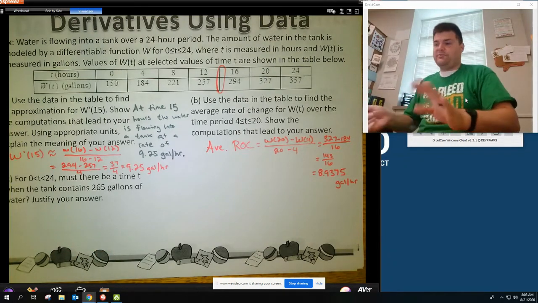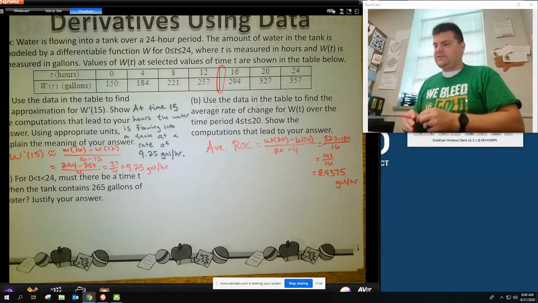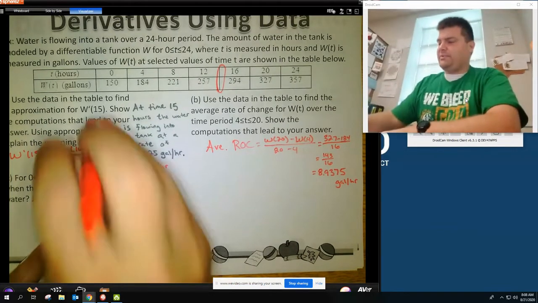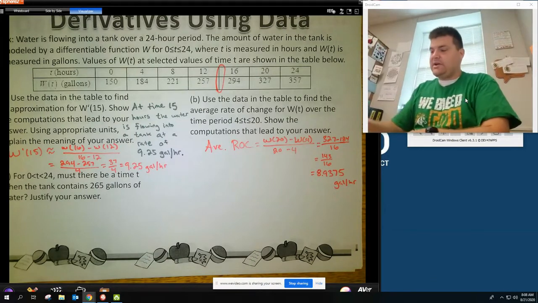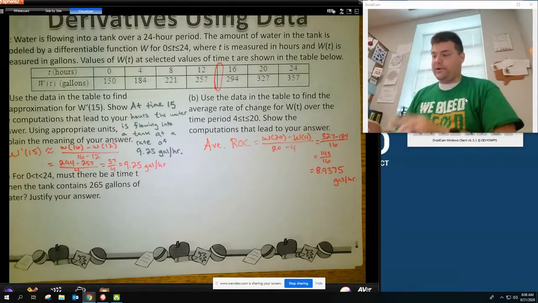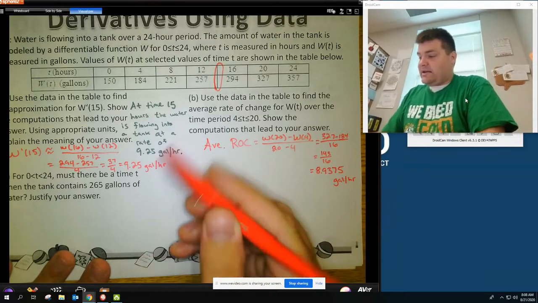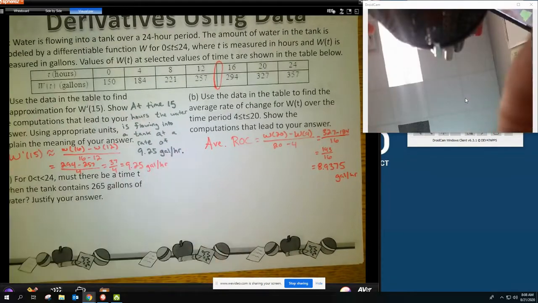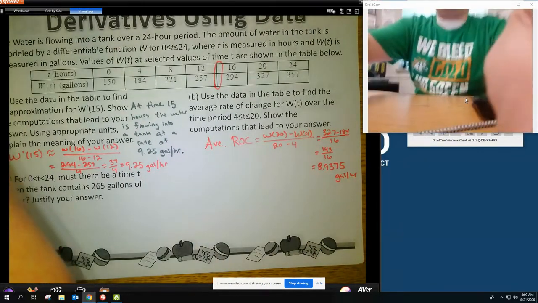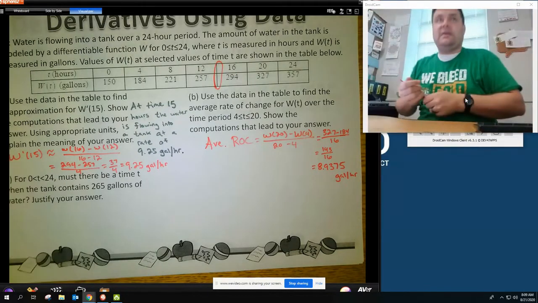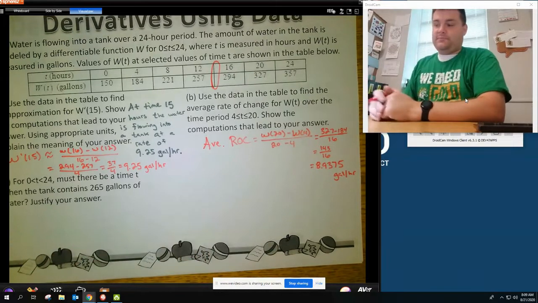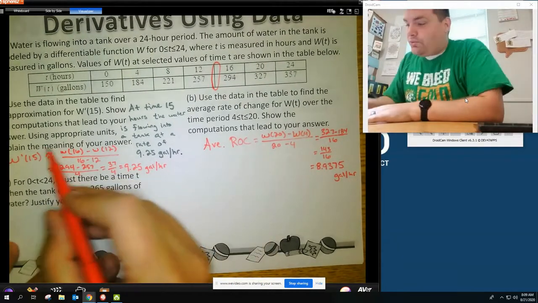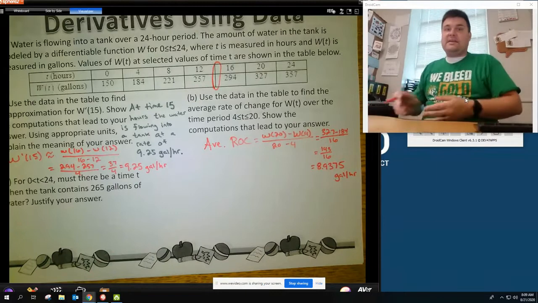All right. So before I go over the points for this, in a free response, they're going to ask you both of these. They'll either ask you A or B. So if they're worth 3 points, writing out the formula, that's 1 point. And then the answer is usually another point. And then units are another point. Especially if they say use the appropriate units, it means that's going to be worth a point.